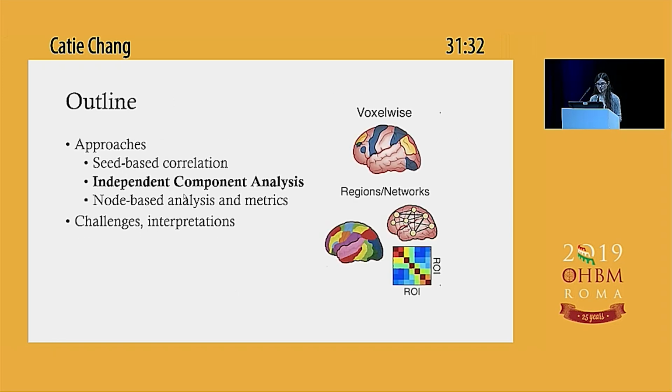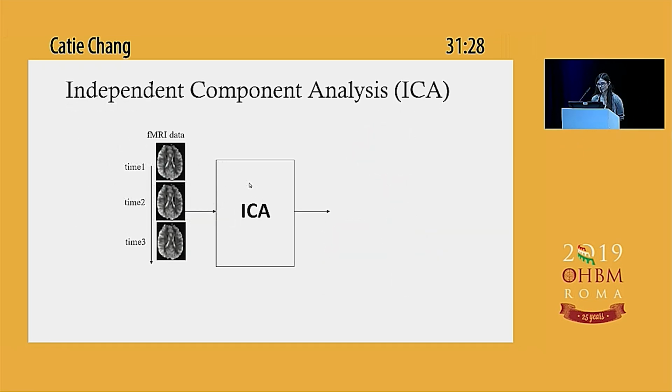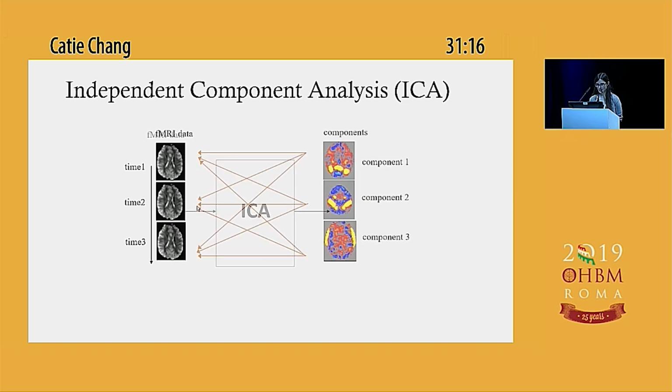So let's talk about ICA right now, which is another very popular technique. And just to give you a little cartoon of the basic idea, basically we input our fMRI data. So suppose this is our sequence of BOLD volumes at each time point across the scan.